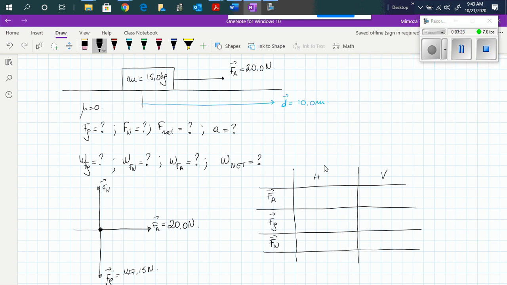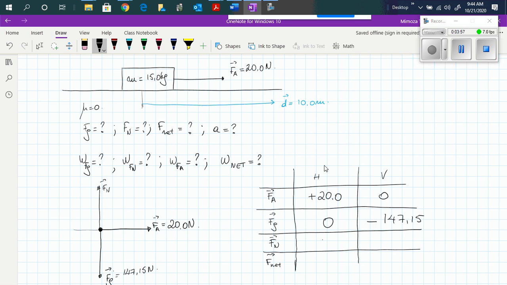Okay, after we are done with all the forces, then we say what is force net. So now the horizontal component of force applied will be positive 20. The vertical will be 0. The horizontal component of force of gravity is 0, and the vertical component is negative 147.15.